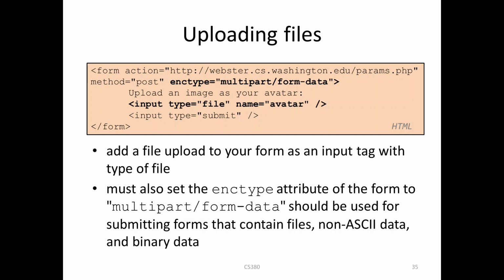For example, other than the parameter name, I would need to store the file's content type, file name, and the file's actual content as well. So it contains some metadata too. The URL encoding, the key-value pairs, will not be enough to encode the information about the file. So we need to use a different encoding method for that.